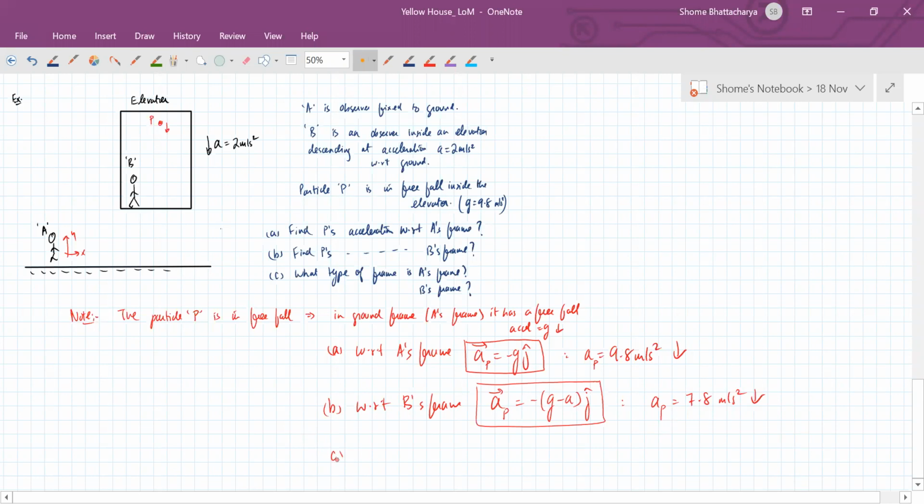And that is happening here because A's frame is the inertial ground frame, but B's frame is a non-inertial frame because it is accelerated with respect to ground.